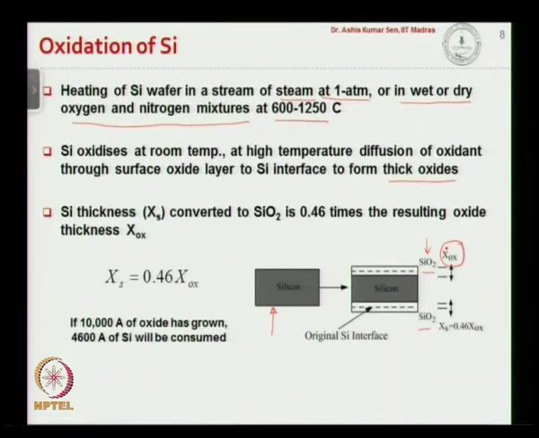Now if the total thickness is x, about 0.46, or 46%, of the total oxide layer will be the consumed silicon.